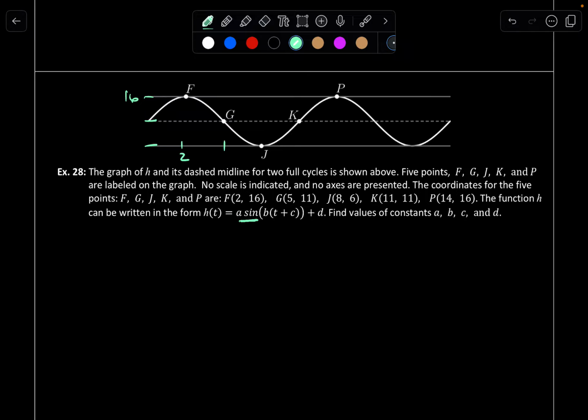G is at (5, 11), so the midline is 11. And then J, our minimum, will be at 6. And then K is going to be at (11, 11), and then P is going to be at (14, 16). All right, so it's not asking us to write an expression. We just need to find our ABCs.